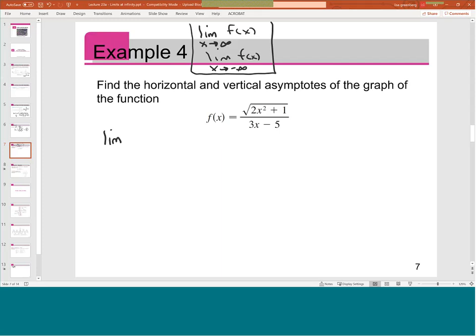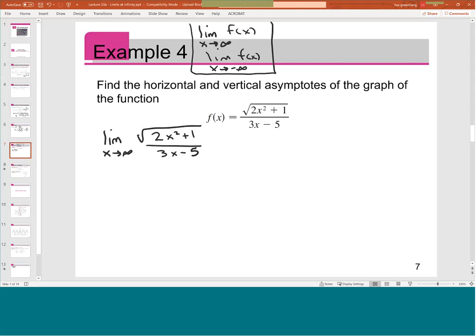So now, the positive infinity one is pretty easy. So I'm just going to say this is equal to the square root of 2x squared plus 1 over 3x minus 5. And notice here, I want to know what the limit as x approaches infinity of this function is. Now, again, I want to be able to get this to a point where I can figure out the answer.